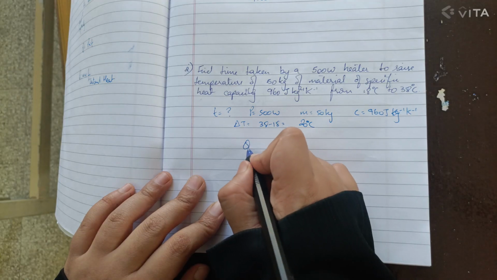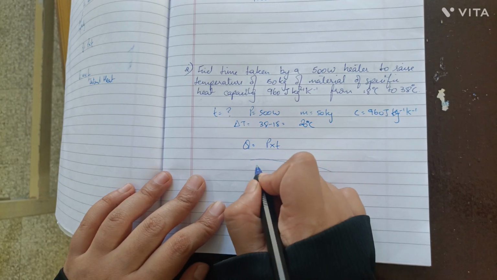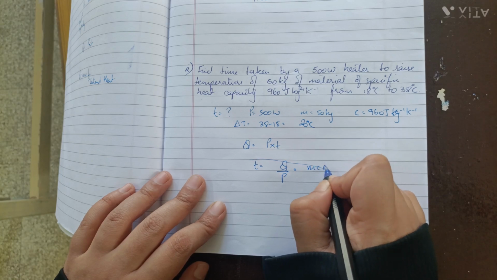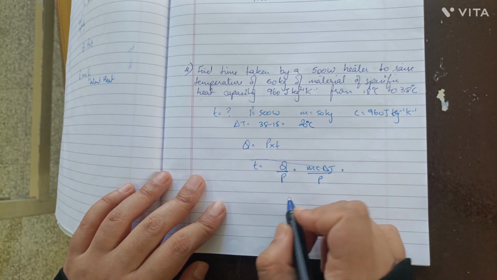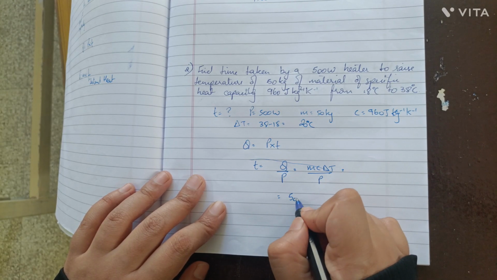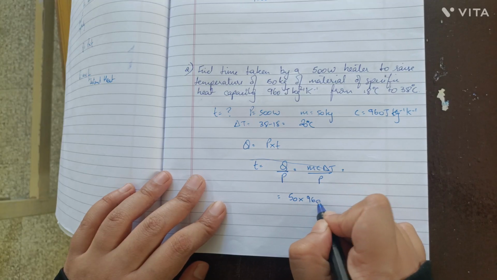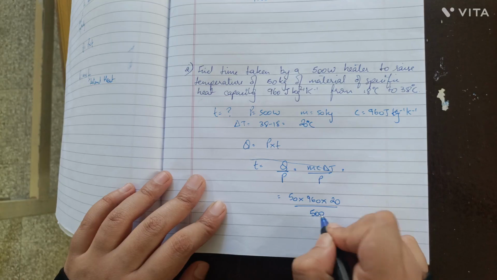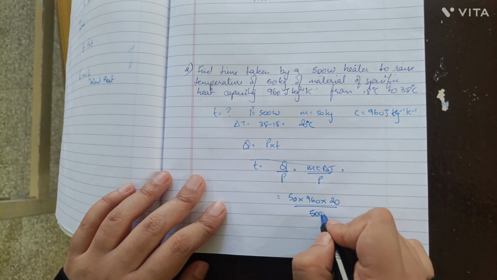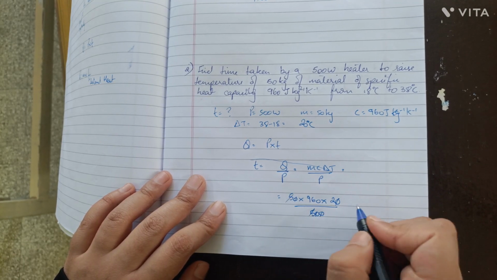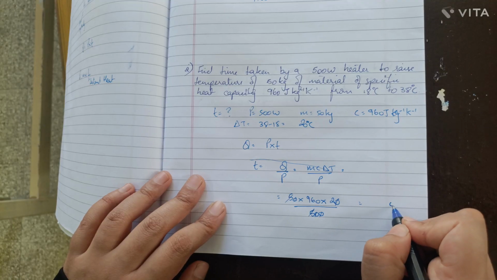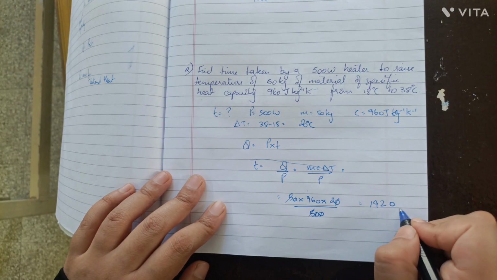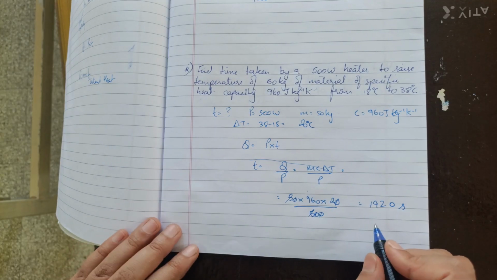Alright, so we know Q is equal to power into time. So time will be Q by P, where Q is mc delta T, by P. Substitute the values. 50 into 960 into 20 by power is 500. So we have 2 zeros are 0, 2 6s are 12, 2 9s are 18, 1920 seconds we have got.